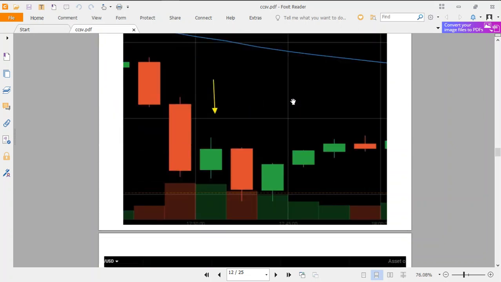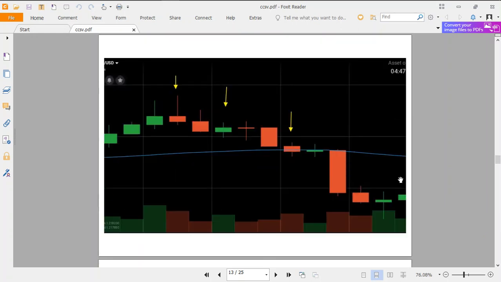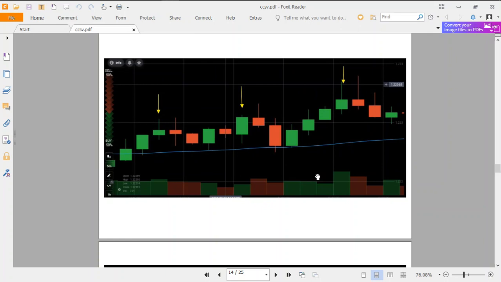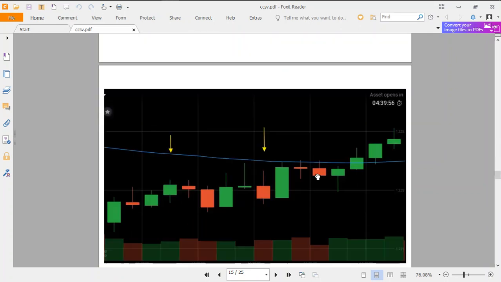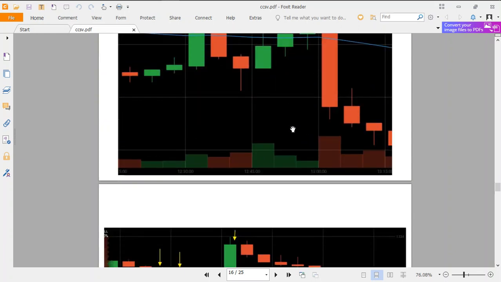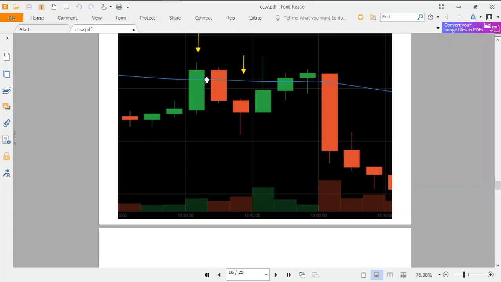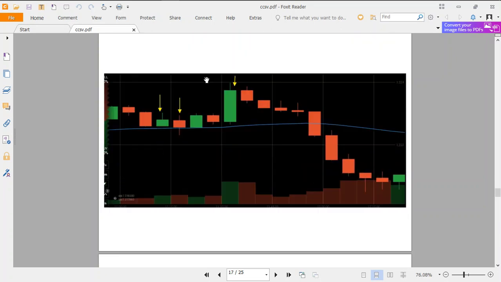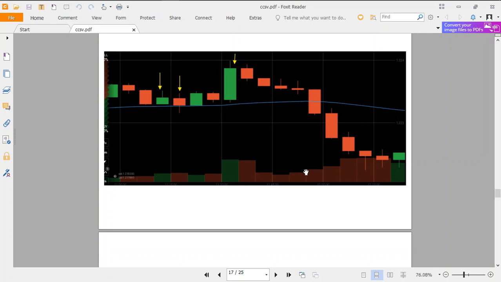So we are going to collect images like this with marked arrows, and we need to frame the rules. So this is a testing project. I hope this project is clear. If you have any doubts, you can discuss them in the group, and we will surely make further modifications and test the strategy.